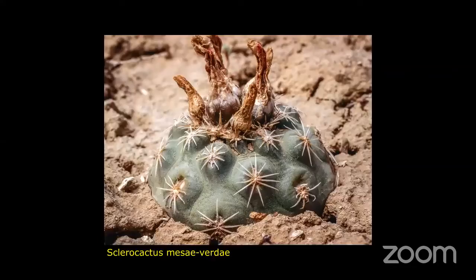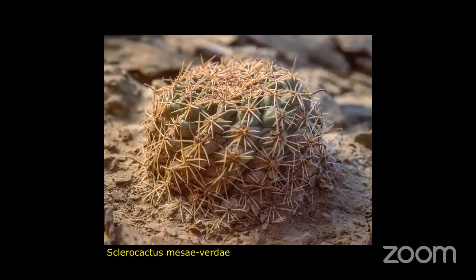So these plants get up to about 3 inches diameter. The photograph of this plant was taken after recent rainfall, so it's really pumped up. And take a look at those spines. They're very reminiscent of Sclerocactus brevispinus, which we saw in the Uinta Basin, apparently just radials without any centrals. However, there are some plants which, like brevispinus, have a few hooked central spines on a few of the areoles, as you see in this photograph.